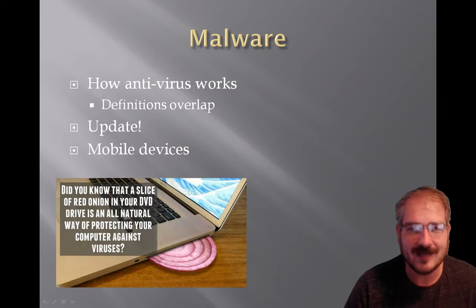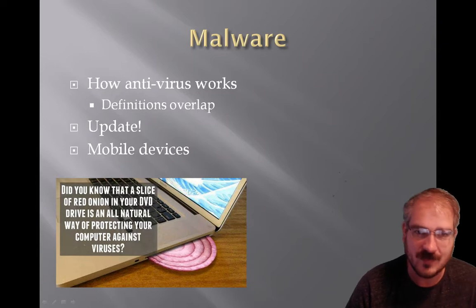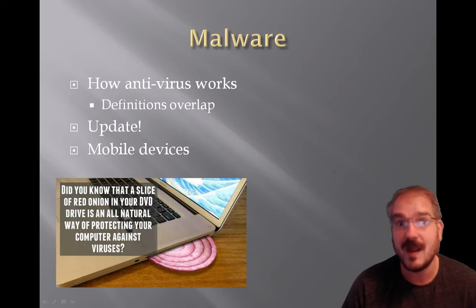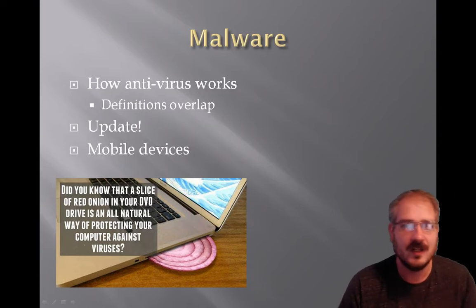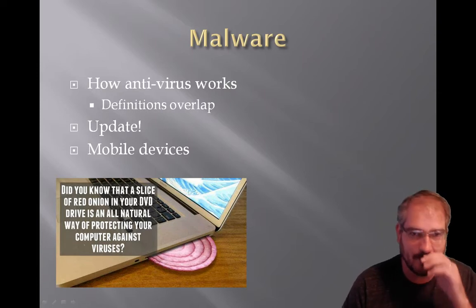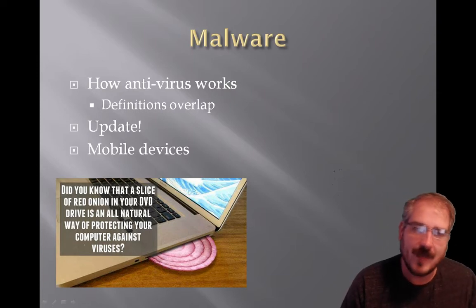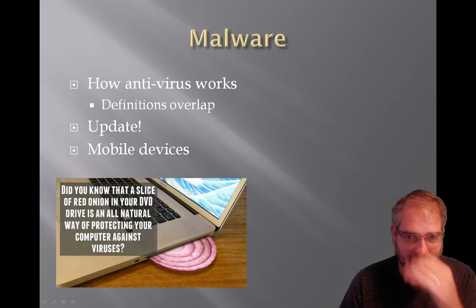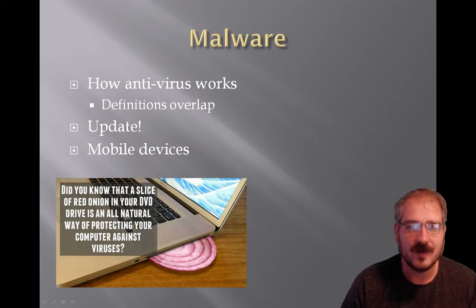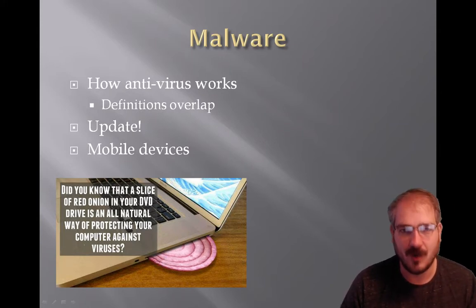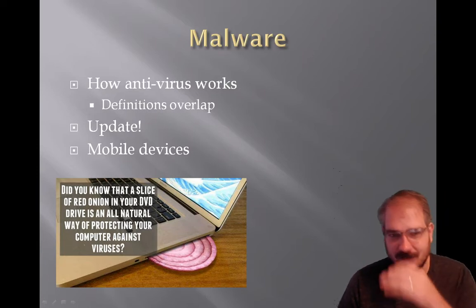That means if you ask Symantec how many new viruses there were last year, they're going to give you a different answer than Norton, who's going to give you a different answer than Microsoft, who's going to give you a different answer than Kaspersky. All these companies define these pieces of malware in different ways and thus tell you different things about what's out there, what's a problem, and what category each thing falls into.